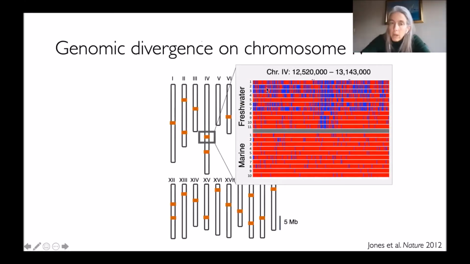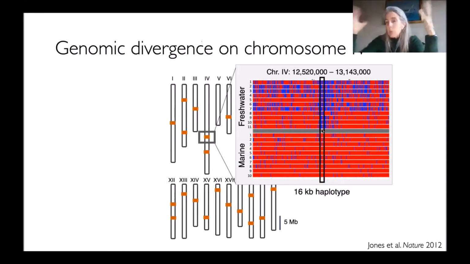To hone in, she found a 16 kb haplotype in which marine fish have fixed alleles that are different from all the freshwater fish. And this is, again, from around the globe. So we knew there is a really strong region of genomic divergence between marine and freshwater within this QTL cluster on chromosome 4.